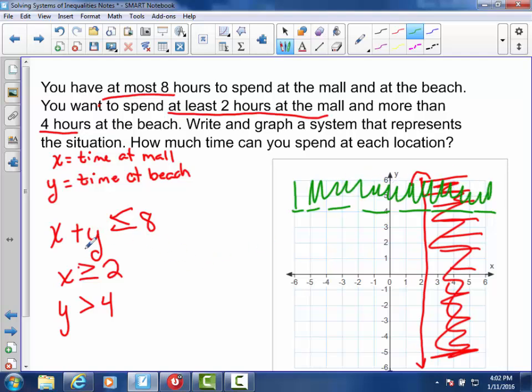All right, and then finally, x plus y is less than or equal to 8. We want to change that, so we'll move the x to the other side, and we'll have y is less than or equal to 8 minus x. Okay, so we'll begin at 8, which is actually off the screen here, so 7, 8.